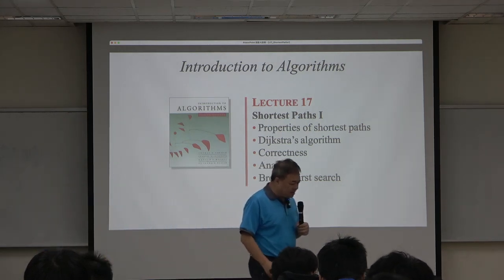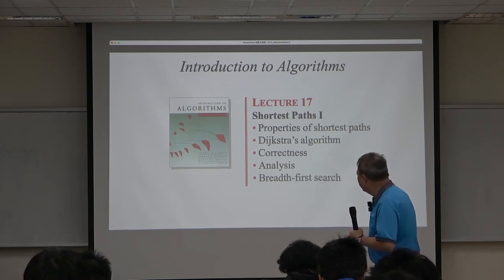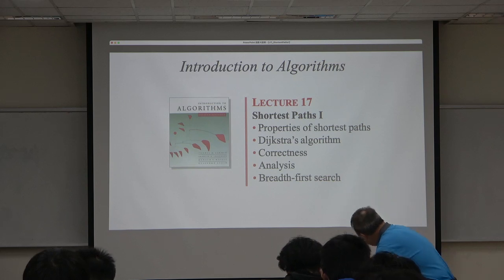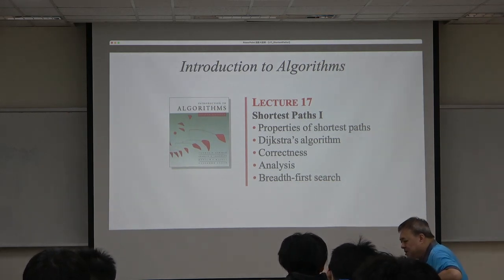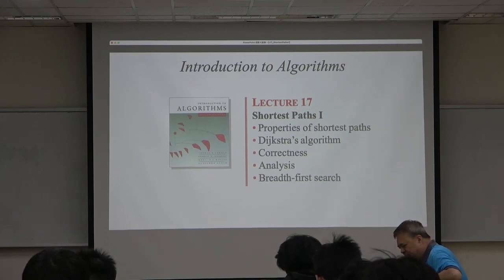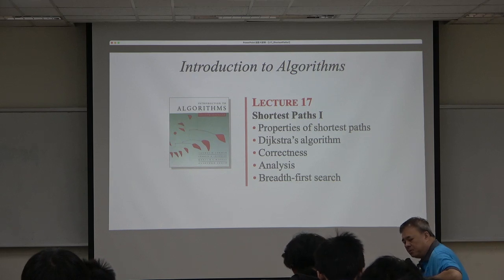As you can see from the title of this lecture, this is shortest path 1. We have 3 lectures for shortest path. The first one is mostly Dijkstra. The second one is Bellman-Ford.